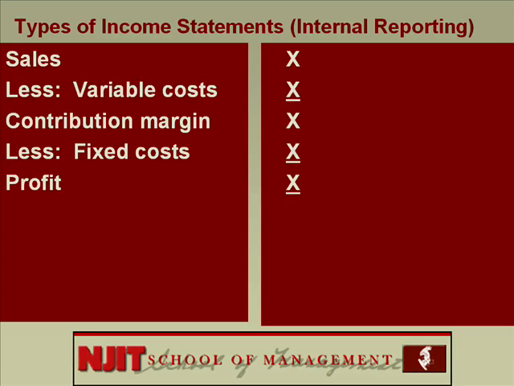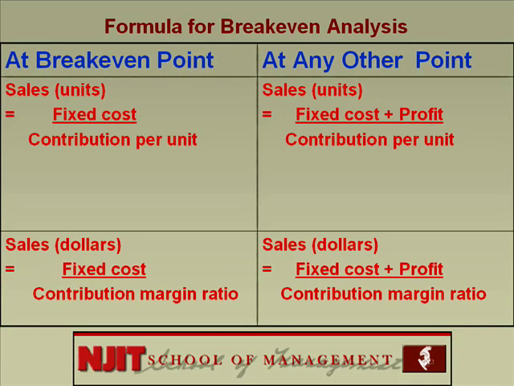Now, here are some formulae you need to know. These formulas are in your book, but if it helps, you can print this out. At break-even point, sales in units equals fixed cost over contribution per unit. If you go down, at break-even point, sales in dollars equals fixed cost over contribution margin ratio.